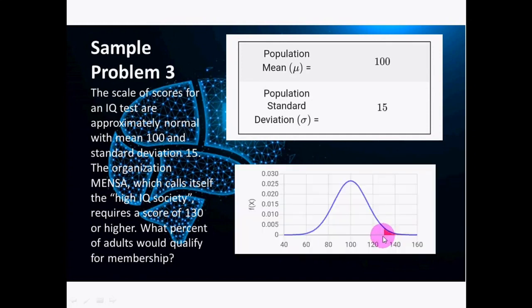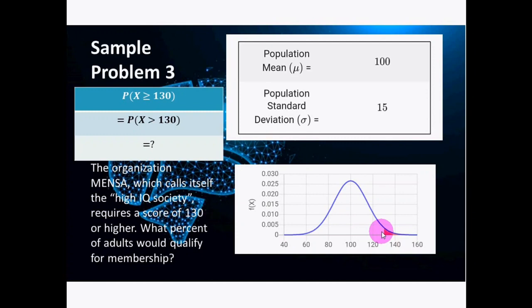We are looking for the percentage belonging to this portion, or the probability of acquiring an IQ test score of 130 or higher. Since we are computing for the probability that x is greater than or equal to 130, that's actually the same as computing the probability that x is greater than 130, and we cannot compute this directly from Microsoft Excel.